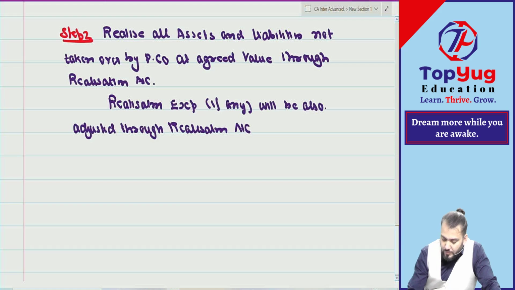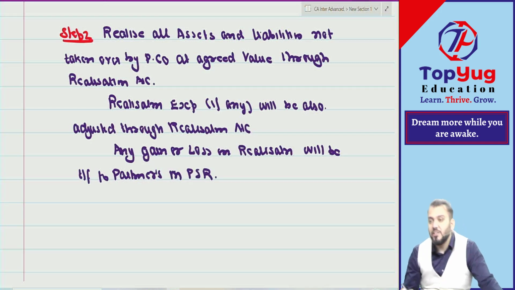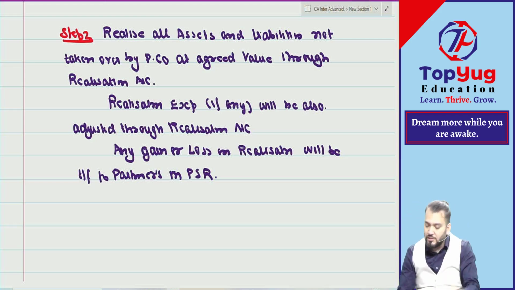Now, any gain or loss on realization will be transferred to partners in which ratio? Profit sharing ratio. So step number 1 done, step number 2 done. Okay? Understood? Step number 3 will be what?